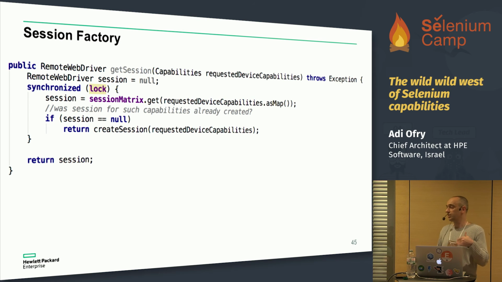And the function that gets the session to your test calls this map, and checks if you already initiated such a driver for such capabilities. If you don't have it, it calls the previous function that we saw. If it already has it, it will return it to the test. Okay.